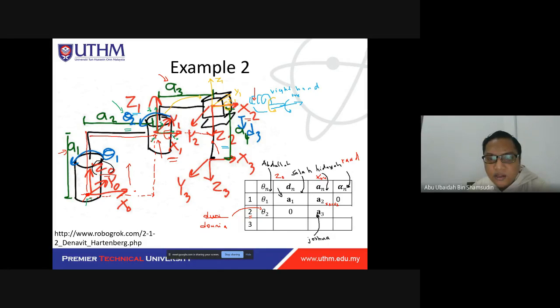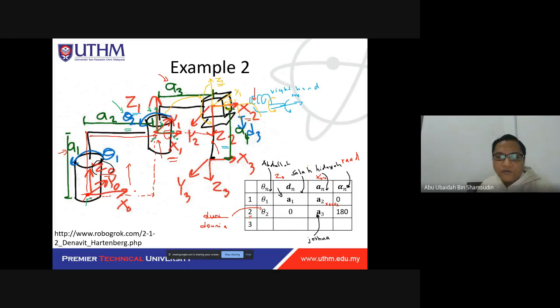So using the right hand rule, you rotate about the x2 axis so that the z1 axis rotates until it is the same as z2, which is 180 degrees.